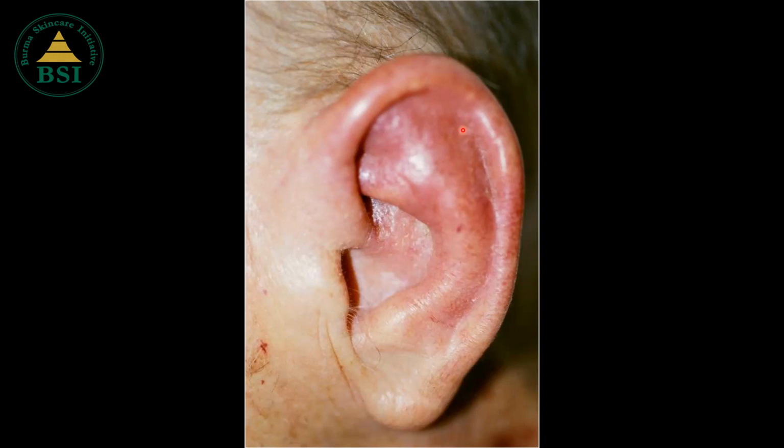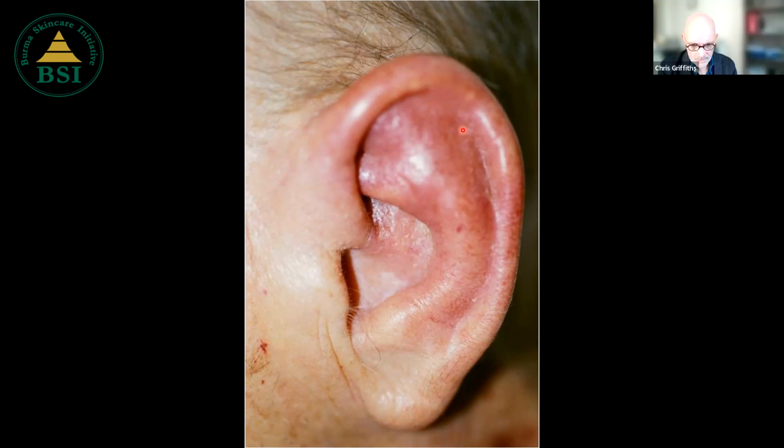Perhaps they meant poly rather than peri. Yeah, so if you thought it was polychondritis, you'd be absolutely right. So this is relapsing polychondritis, and the key thing here is, of course, you only get inflammation and swelling where you have cartilage. The lower part of the ear, the earlobe, is fleshy.